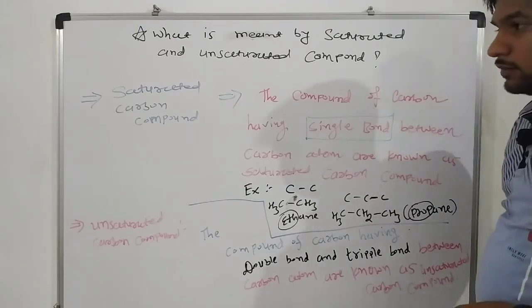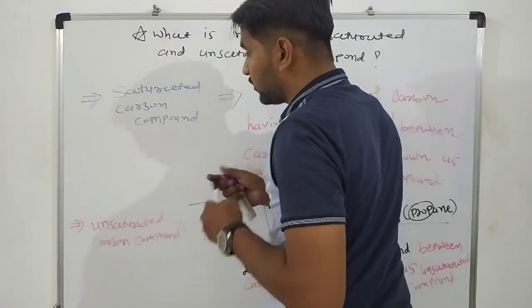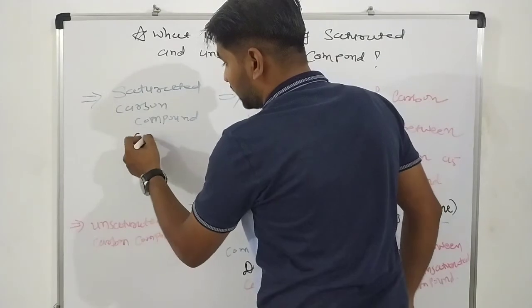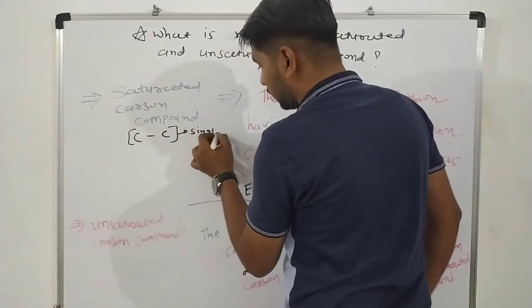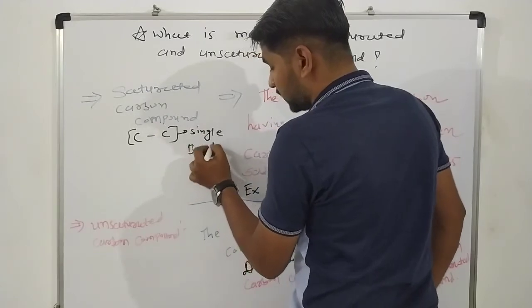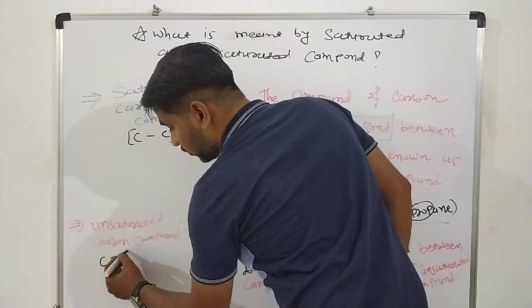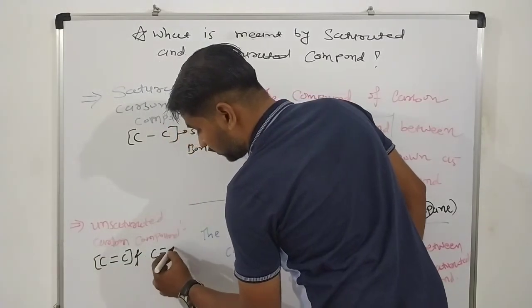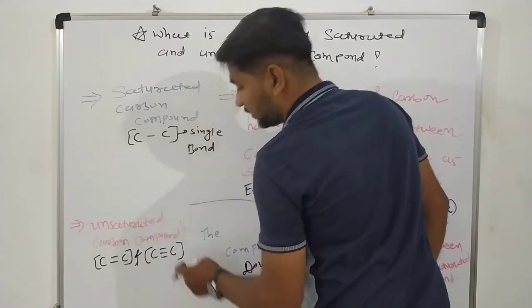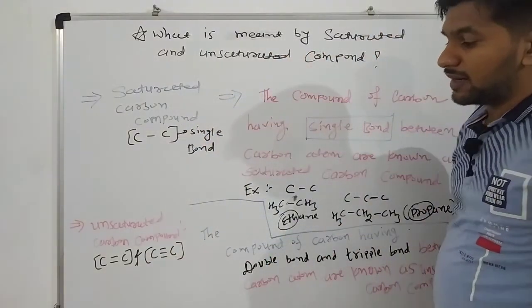Okay, in a saturated carbon compound, carbon has a single bond, and in an unsaturated carbon compound, carbon has a double bond and a triple bond between carbon atoms. That is the simplest way of understanding unsaturated carbon compounds.